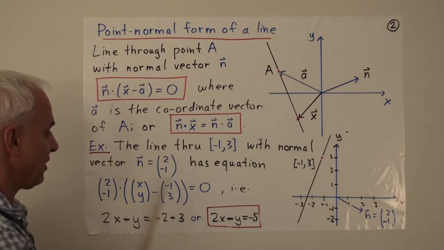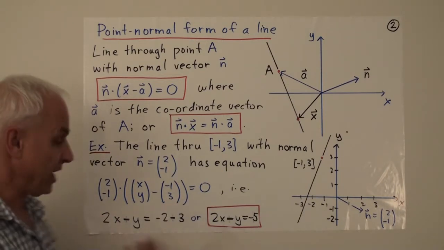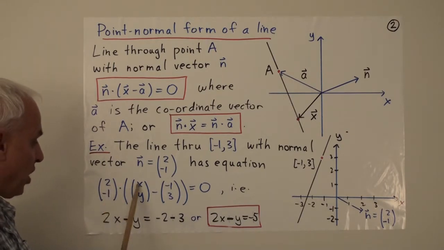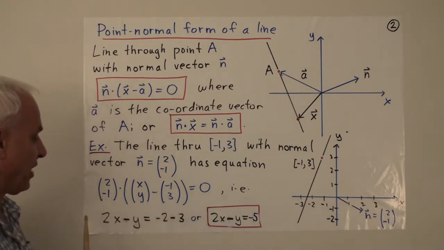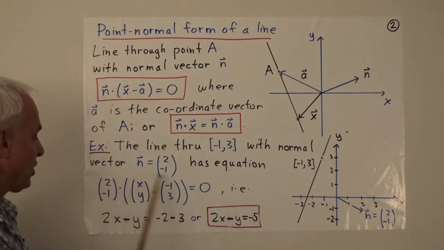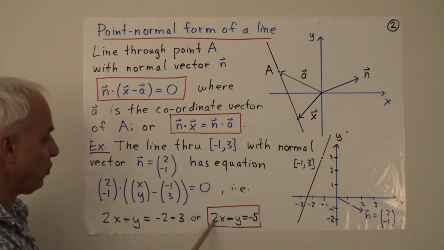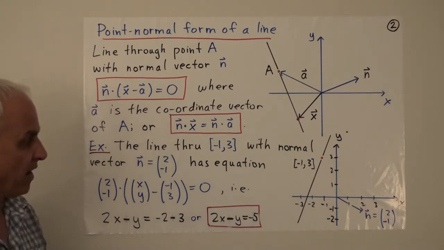That dot product should be 0. And when we expand that out, (2, -1) dot (x, y) gives us 2x minus y. And this other dot product, when we bring it to the other side, we get 2 times -1, that's -2, plus -1 times 3, which is -3, for a total of 2x minus y equals -5.